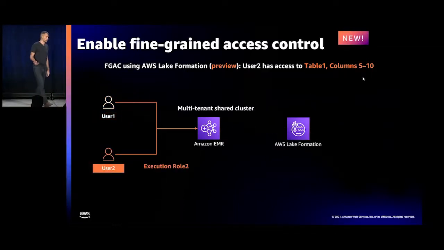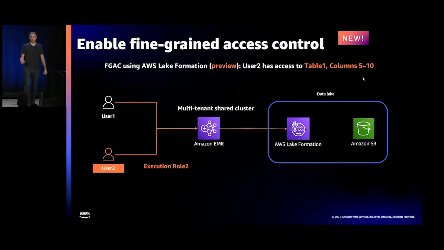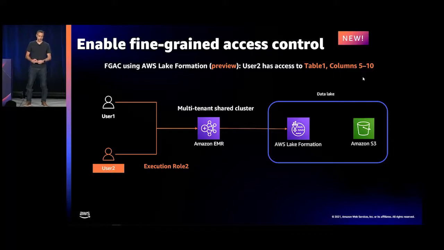User 2 can pass role 2 to the same shared cluster, and then Lake Formation will apply different permissions at the column level. So for example, it will just restrain the access to columns 5 to 10. So that's a very flexible approach, mixing execution role and Lake Formation access control. You can now really implement shared clusters and provide deep control on the permissions.